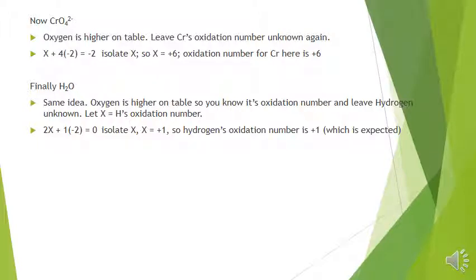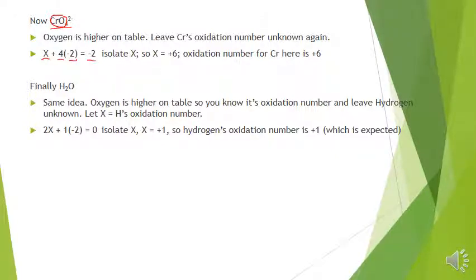Now let's look at CrO4 2 minus. Remember that this means CrO4 has a charge of 2 minus. Oxygen is high on the table, so we leave chromium's oxidation number unknown again. So there's one chromium, so 1x, plus 4 times minus 2 has to equal minus 2.